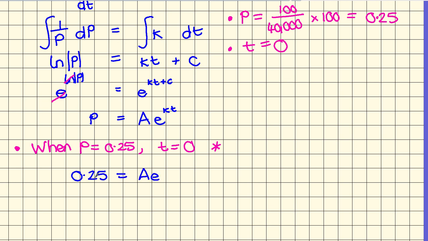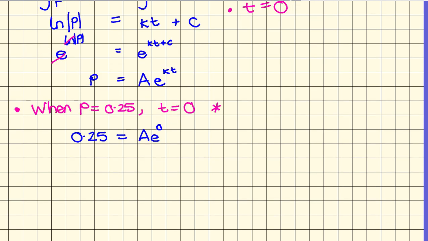So 0.25 equals A e to the power of kt, but if t is 0, k times 0 is just 0. And you should know from National 5 that anything to the power of 0 is just 1. So A times 1 is just A.